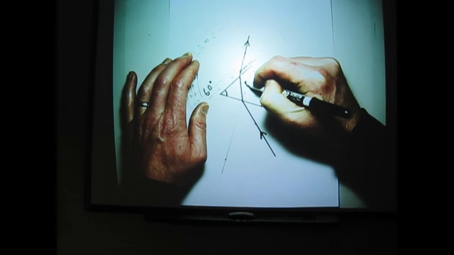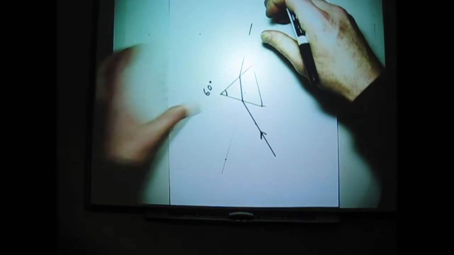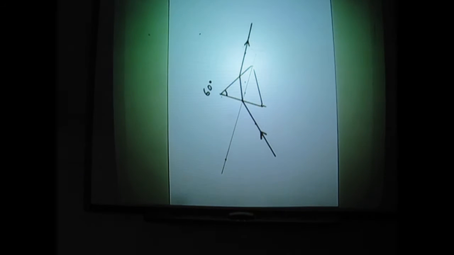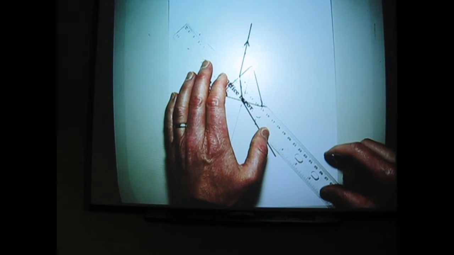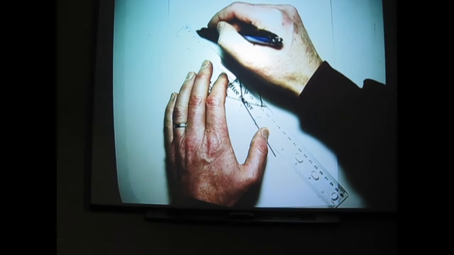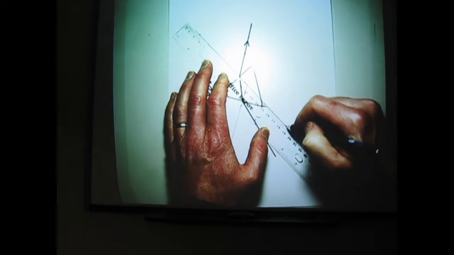So maybe there to there. So that's the line that's perpendicular.